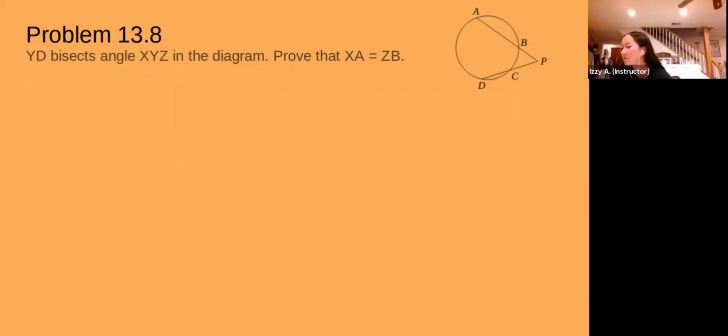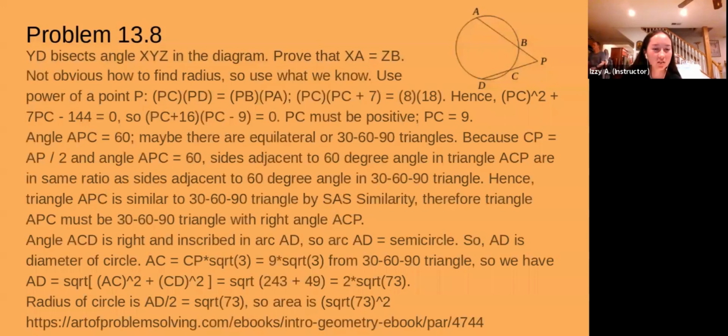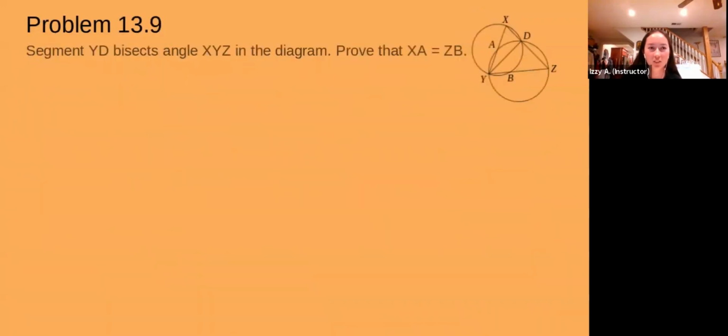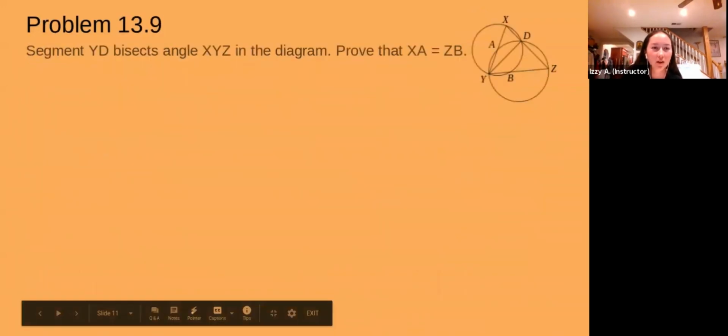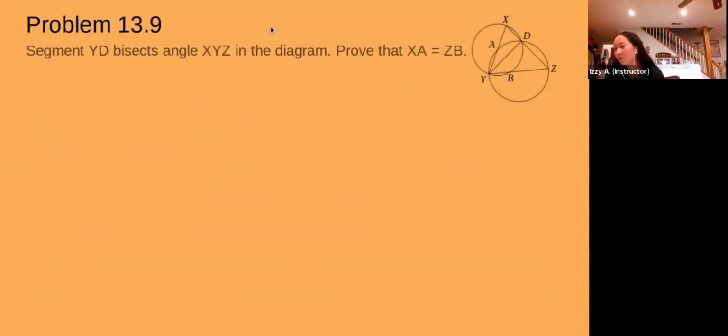Hold on, okay. We can go back to this problem later, because I put in the wrong image. Okay, we can just go over problem 13.9. I think 13.8 and 13.9 might use the same image, but I'll have to double check on that.